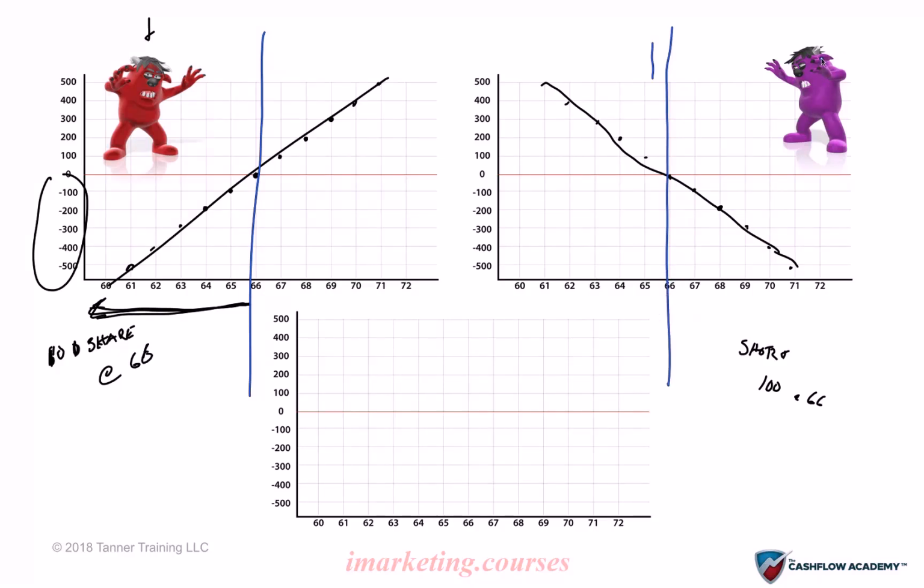So if I was in both of these trades, let's just see what would happen. Okay, let's see what happened. And let's go towards the downside. If I was long and went from 66 to 65, I'd be down $100 here. But if it went from 66 to 65, I'd be up $100 here.